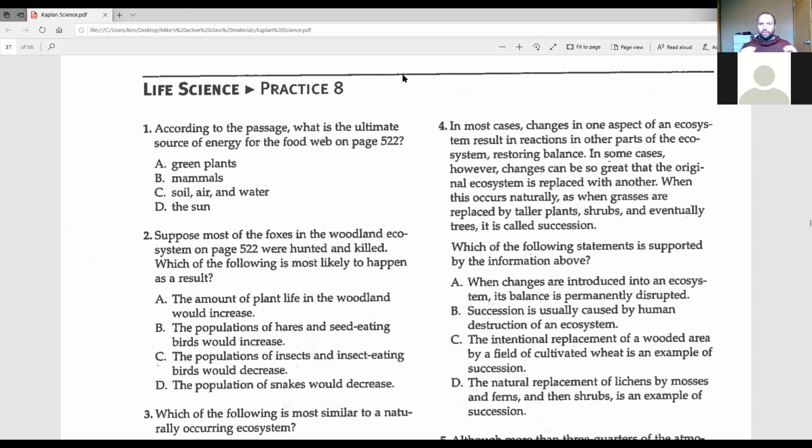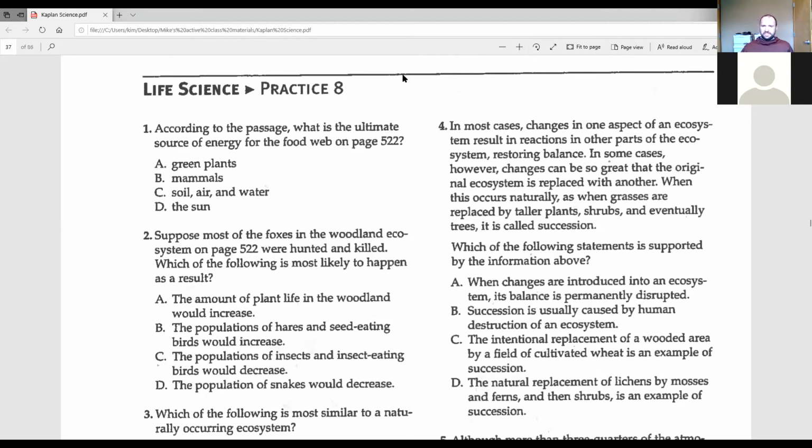So there's repercussions anytime something in the environment is changed, whether naturally or artificially by man, right? Either way, if something in an environment is changed, then there's a ripple effect that changes other things, okay?